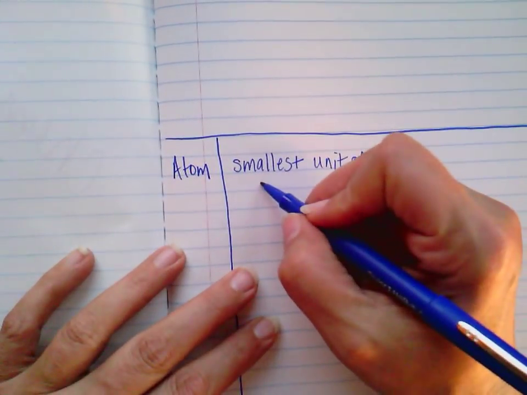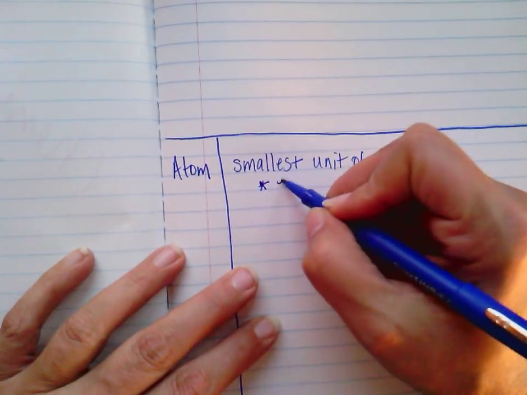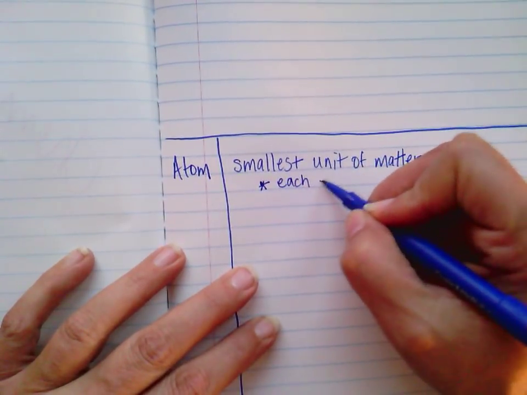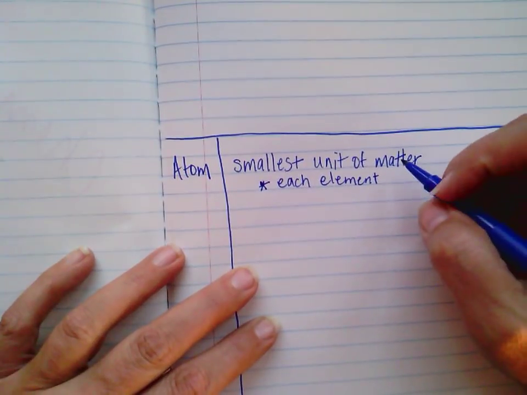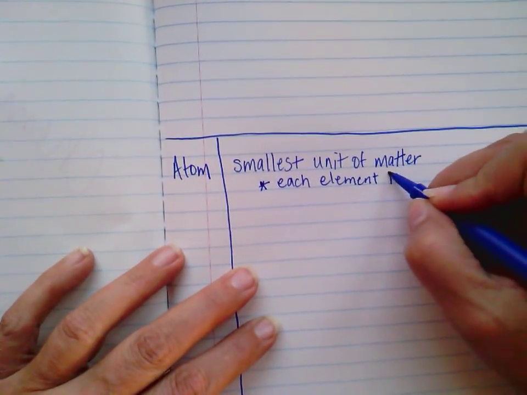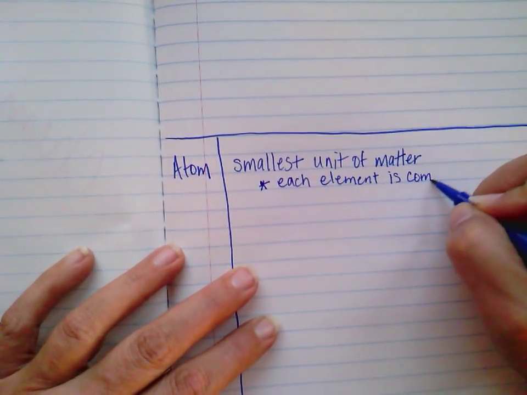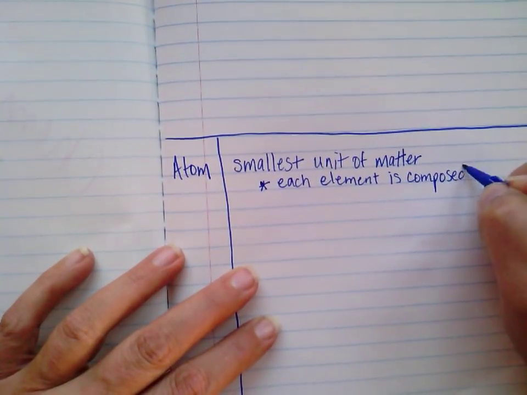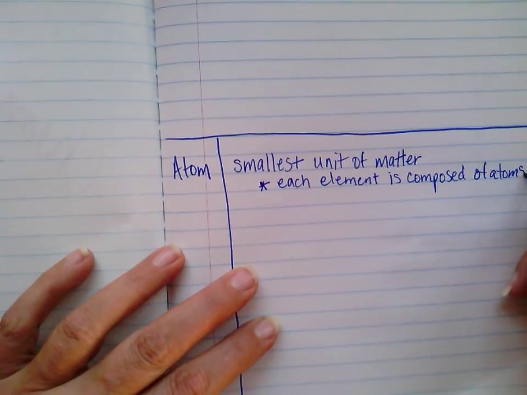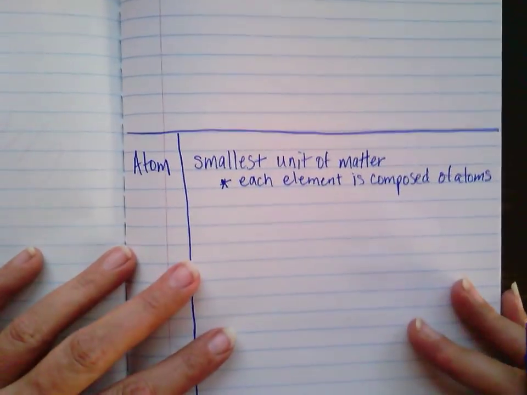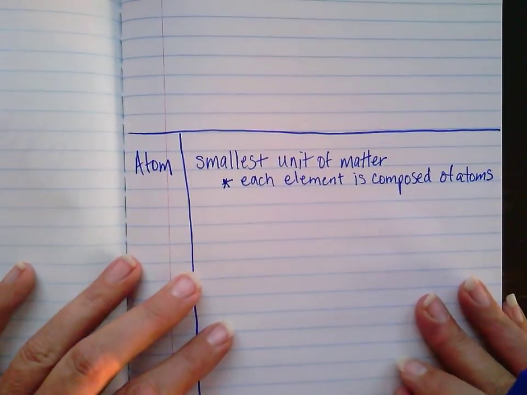Each element on the periodic table is composed of atoms, or made up of atoms. Okay. Each element is composed of atoms.